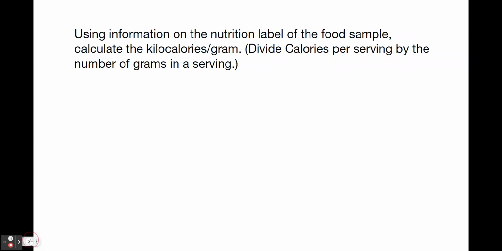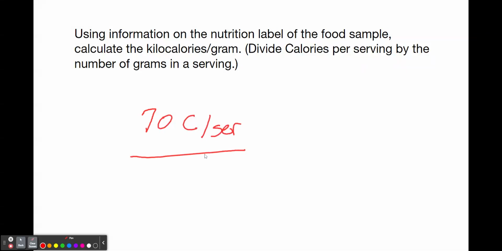So I found the calories per gram. To find the calories that are actually accepted, I look at the label. It was 70 calories per serving, and it was 16 grams per serving. So then I have 4.4 kilocalories per gram.